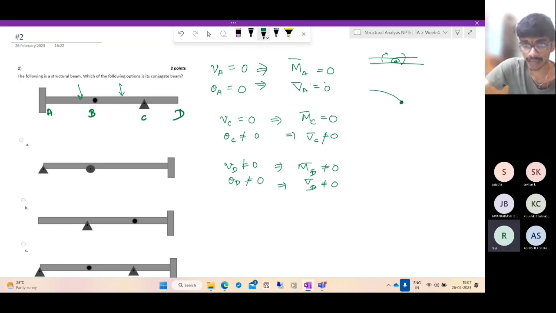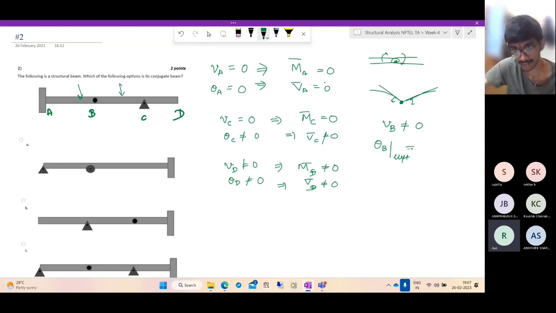So the angle on the left and right need not be the same. Here you can have some angle and here a completely different angle. So the condition there is that the displacement of point B is not 0, and the rotation of point B on the left side is not the same as the rotation of point B on the right side.